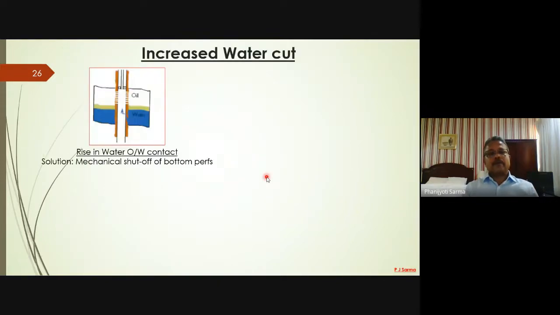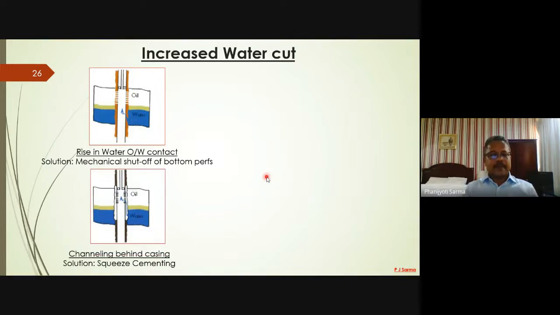Here are some pictorial representations of the issues. The increased water cut, so rise in oil water contact. What is the solution for that? The solution is either mechanical shut-off of the bottom perforation. It could be mechanical shut-off or chemical shut-off, but mostly if the oil water contact is up, then it is mostly mechanical shut-off.